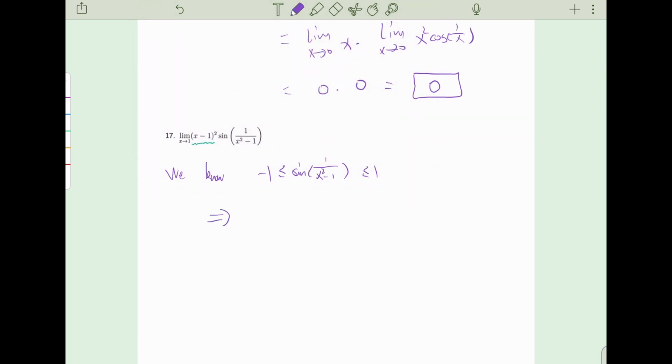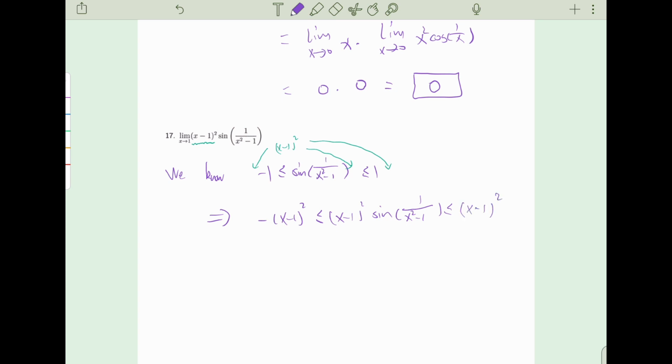So I can have that, multiply this x minus 1 squared here, and here. So I have negative x minus 1 squared less than or equal to x minus 1 squared times this, less than or equal to x minus 1 squared.